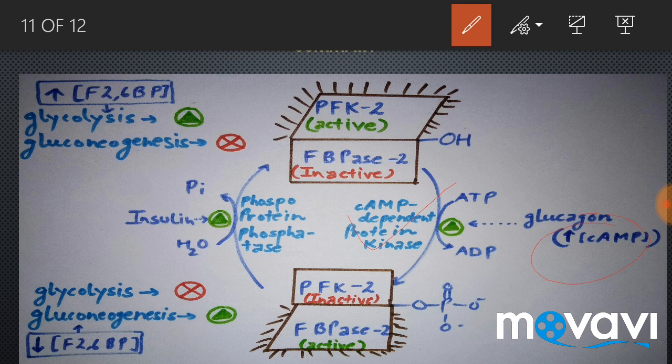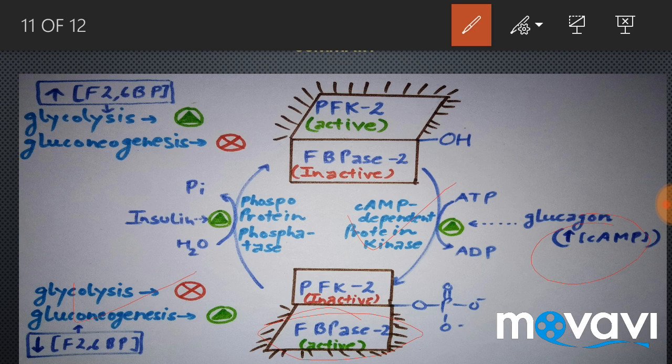If PFK2 is inactive, glycolysis would be discontinued and gluconeogenesis would be favored. You can see here there is a decrease in fructose 2,6 bisphosphate because FBPase2, in green here, is active. It would remove the phosphate group and the link to glycolysis would be disconnected.